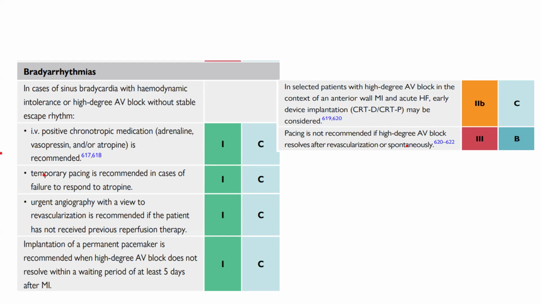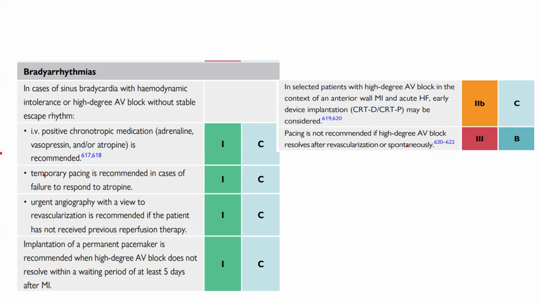And this is a repetition of what we mentioned in the new reviews: for selected patients with high degree AV block in the context of an anterior wall MI and heart failure, early device implantation, CRT-D or CRT-P, may be considered.